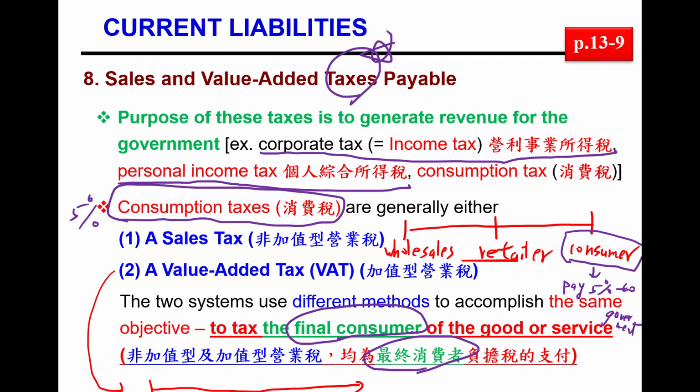the wholesaler sells the products to the retailer, and the retailer sells the product to the consumer. But at each step, the government wants some tax.